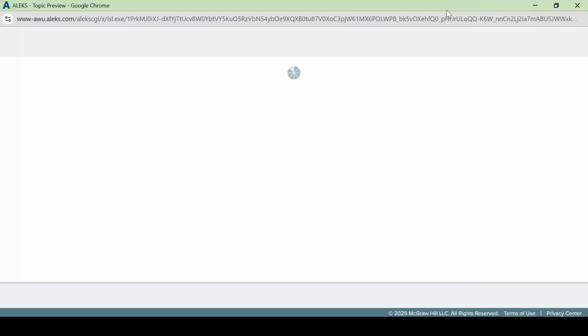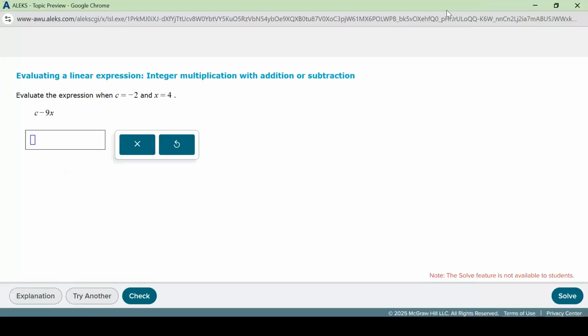When you're dealing with ALEKS, the best thing to do, especially if you are unfamiliar with the vocabulary. So for instance, integer multiplication. That means that there is an integer, which is the number 9, and there is something that's being multiplied to that integer.